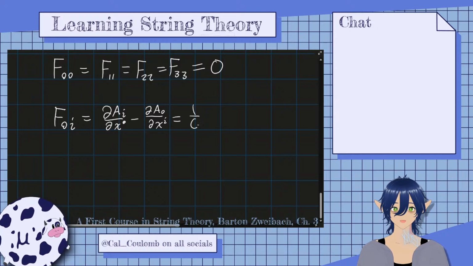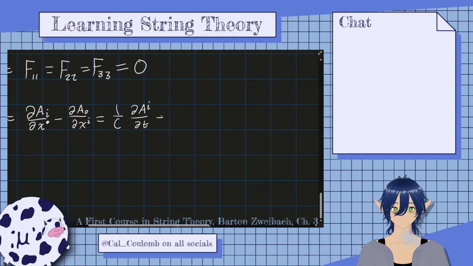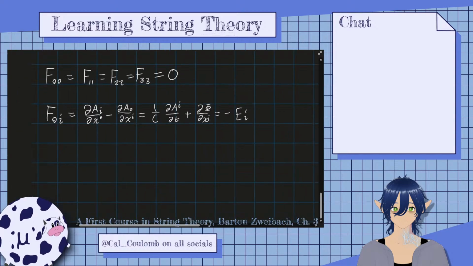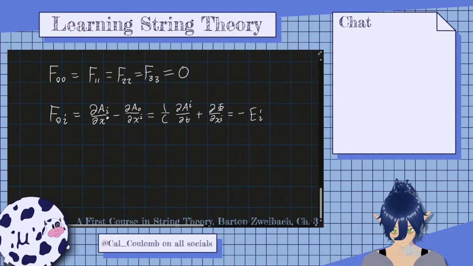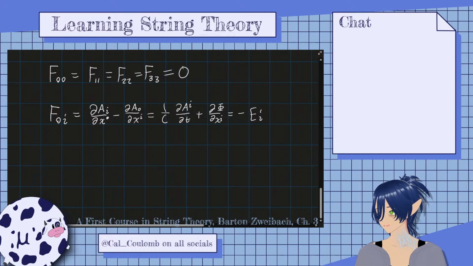So this is going to be 1 over c partial A_i over partial t plus partial phi over partial xi, which is minus E_i. So the 0i components of the field strength tensor are the components of the electric field 3-vector.